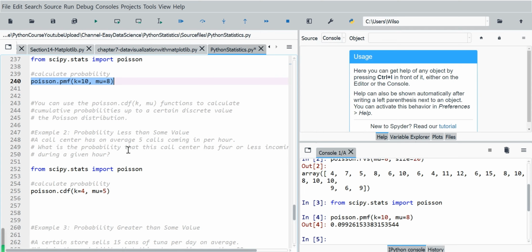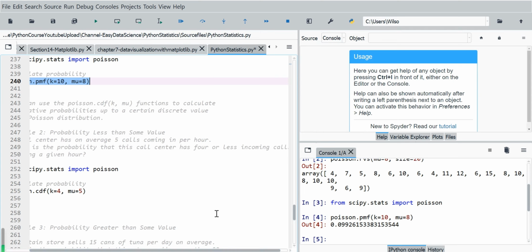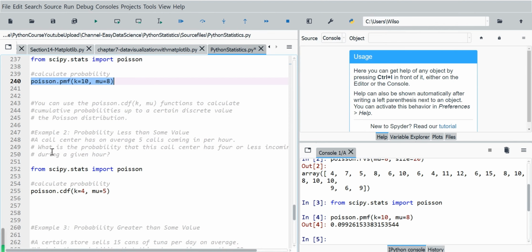What is the probability that this call center has 4 or fewer incoming calls during a given hour? Here the given hour is the unit time, and also the specific time we want to focus on. So 5 is the mu, also lambda, because for 1 hour, 5 times 1 is also 5.